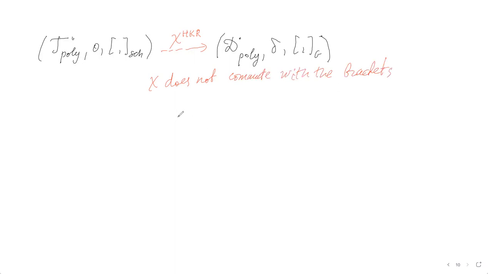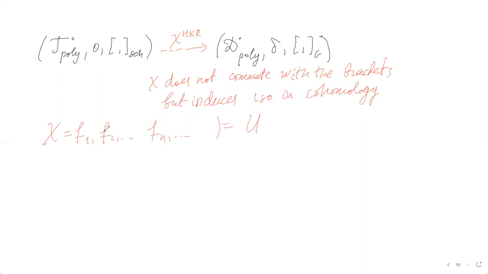But it induces an isomorphism in cohomology. So what we're going to prove is that chi can be completed, can be extended, to a certain L-infinity map, which we shall denote by U, an L-infinity map from left to right.